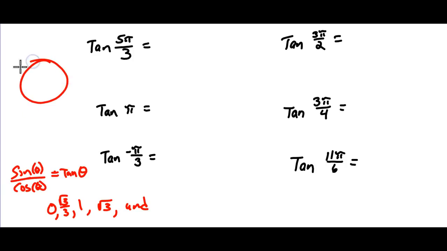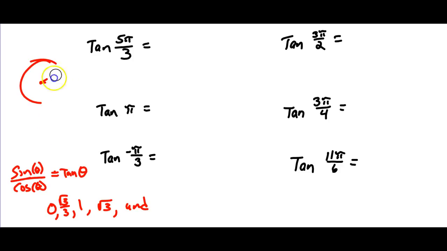If you take a unit circle and you're talking about this line right here, this slope is the same thing as our rise, sine, over our run, cosine, and sine over cosine is tangent, so therefore the slope of that line is also equivalent to your tangent. I'm going to use that fact today to help me figure these out really quickly.